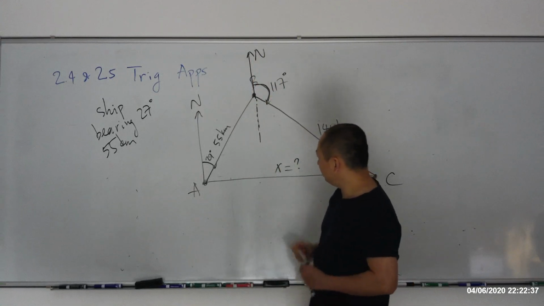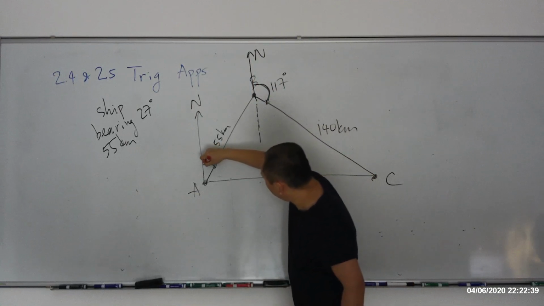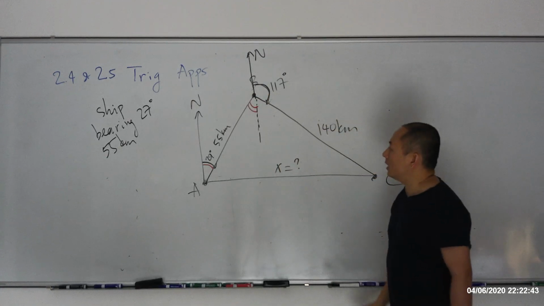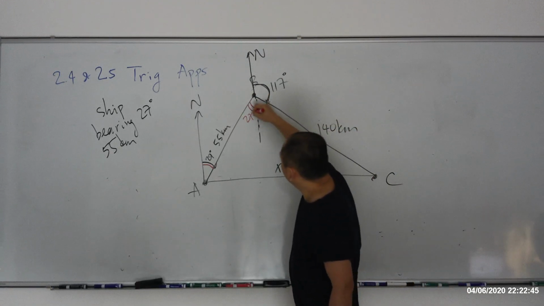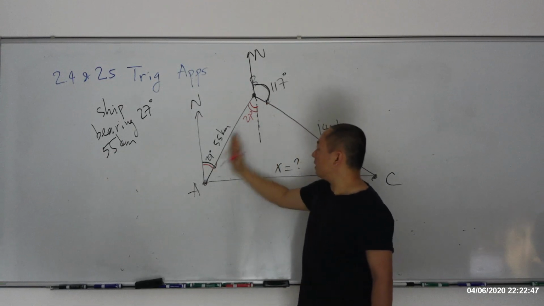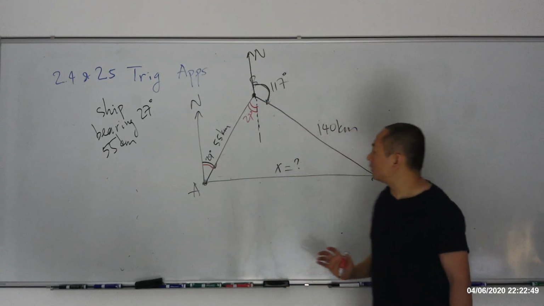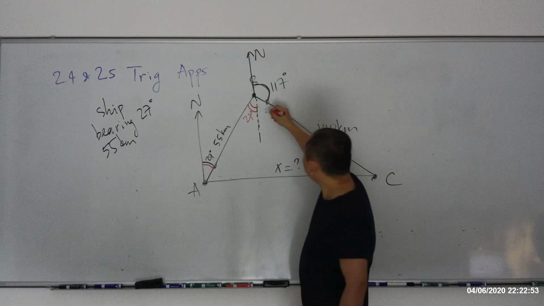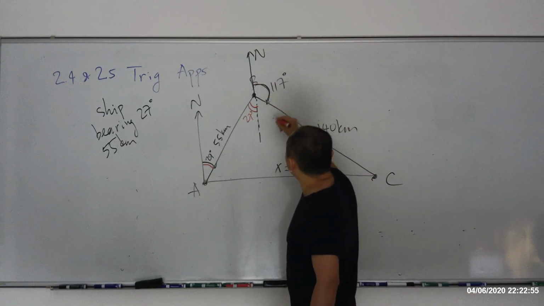So if this angle is 27 degrees, this angle right here is also 27 degrees. You guys see why? Because they are alternate interior angles.